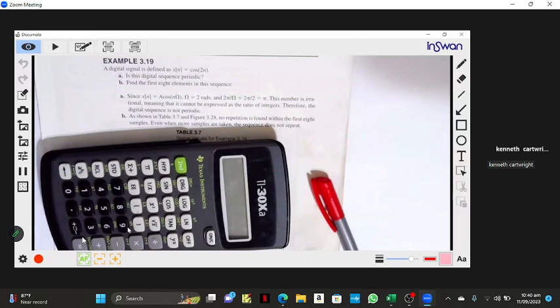Send me by chat, Example 3.19. Is this periodic? Send me your answer, yes or no, by chat.